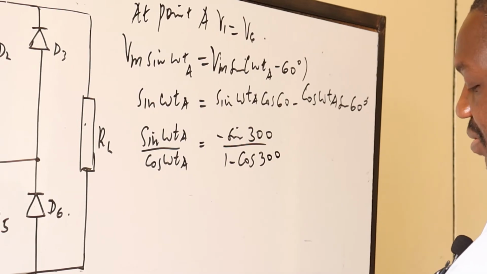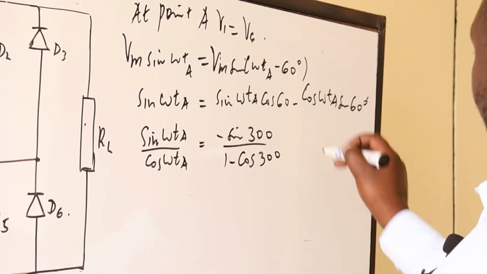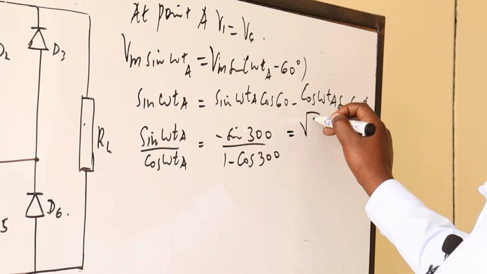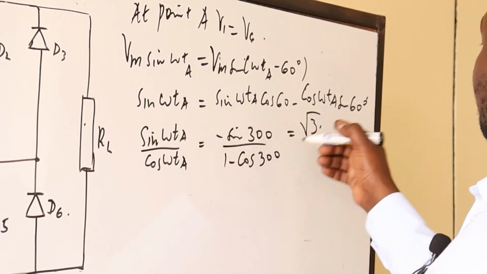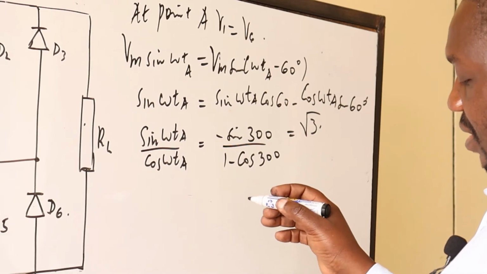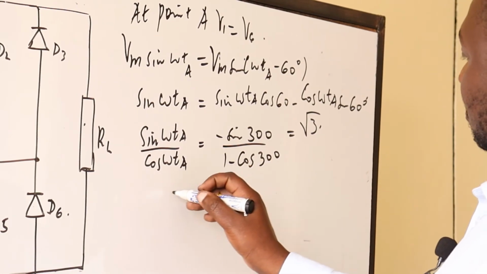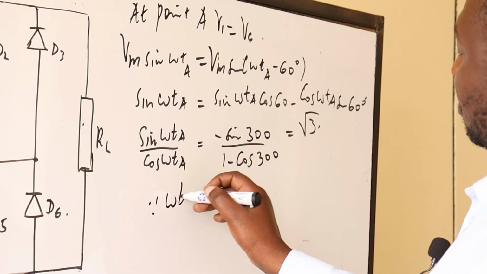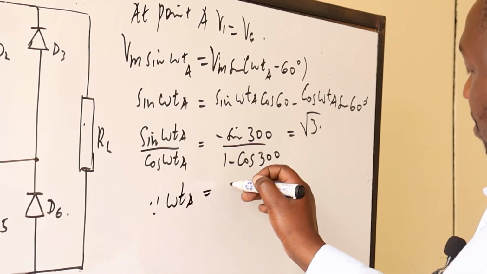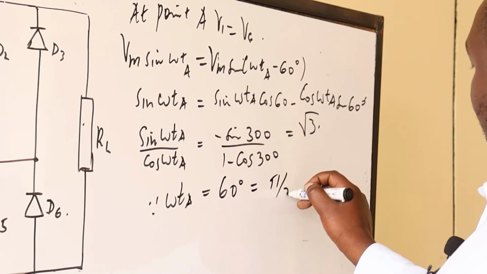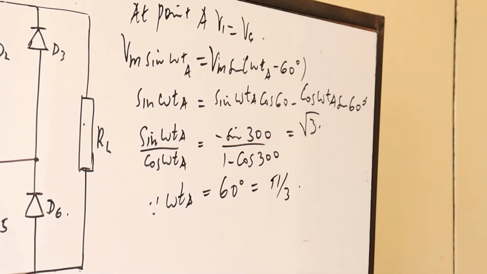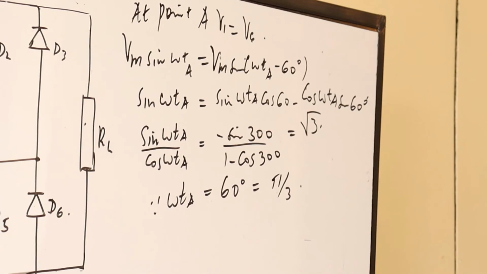This gives you root 3. So therefore, this is tan inverse of root 3, that is our 60 degrees. So therefore, omega t at point A will be 60 degrees, which is pi over 3. That will be our first limit.